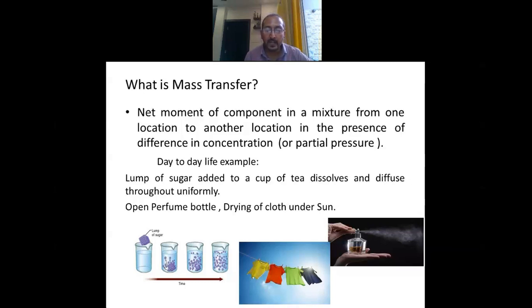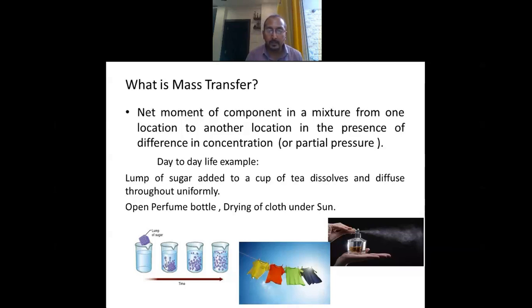For example, if we transfer material on a belt conveyor, it is not mass transfer because the transfer of material from one location to another is there, but it was not in the presence of a difference in concentration. That was by mechanical means, we are transferring the material on a belt conveyor, right?